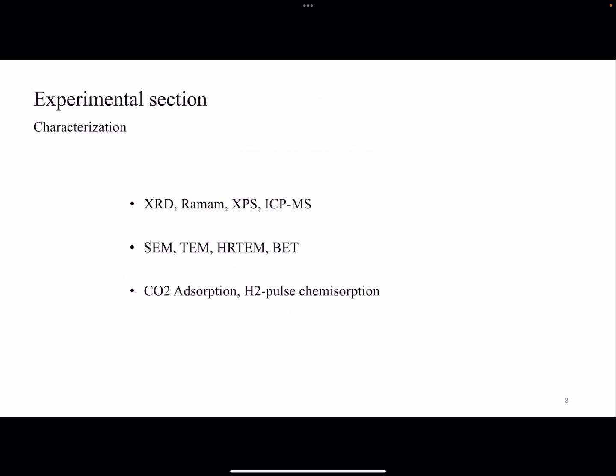And we perform H2 pulse chemisorption to measure the surface characteristics of the catalyst. This helps us understand how the acid treatment effectively reduces the affinity for hydrogen, which is the key to inhibiting the HER, and then enhancing CO2 reduction performance.